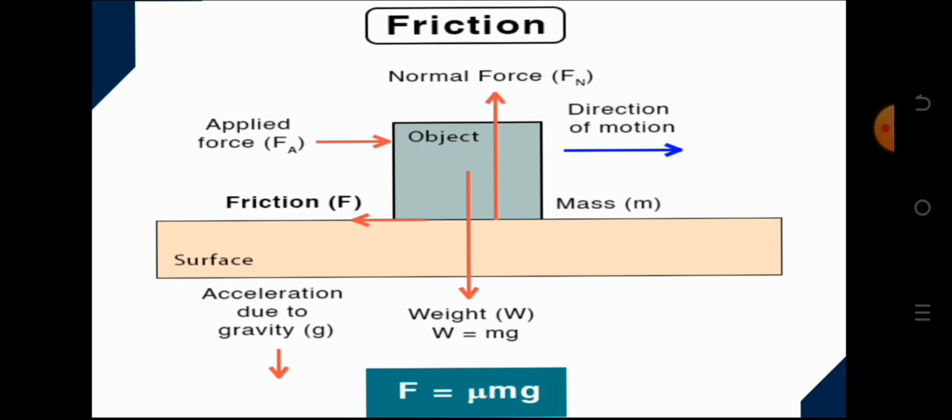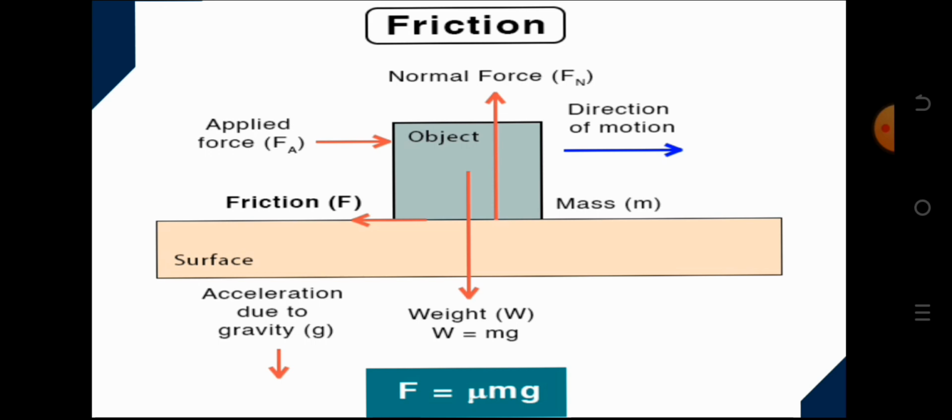The object is pushed forward by an applied force Fa, in the direction of the blue arrow, towards the right. We discover that the frictional force acts in the opposite direction on that surface.